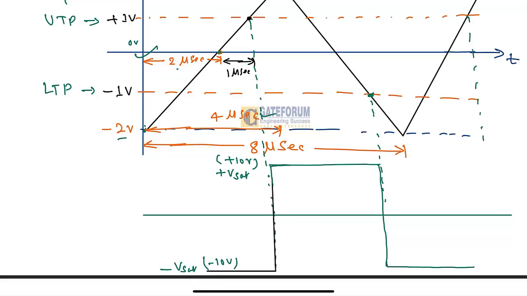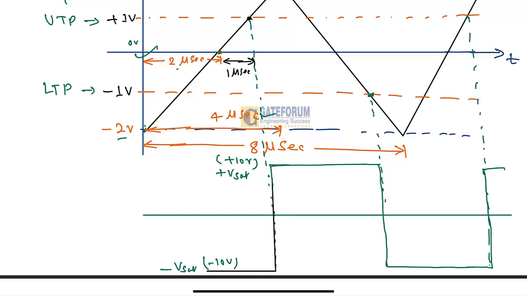Till that point it holds minus Vsat, or minus 10 volt, and again the transition takes place at this point. This way it repeats the waveform, producing a square wave with a peak of plus 10 volt, minus 10 volt.